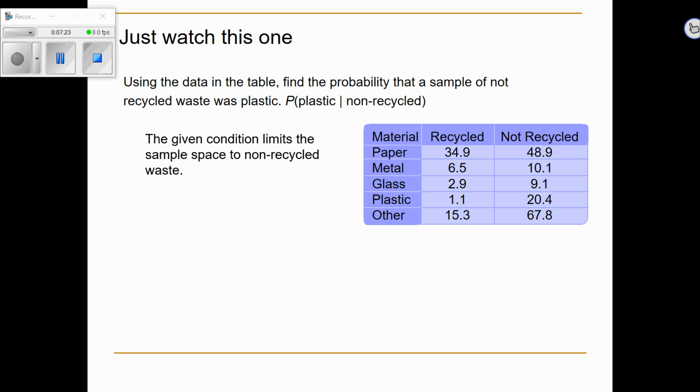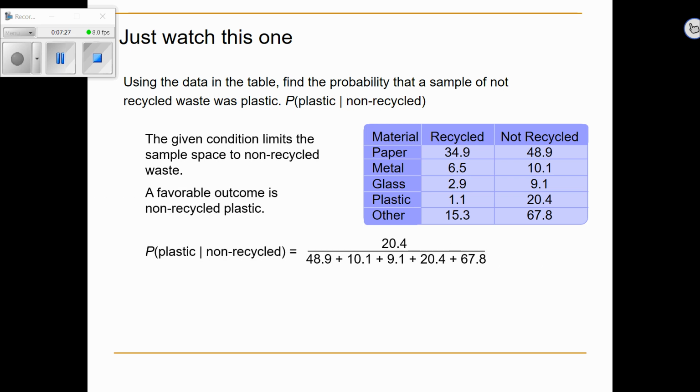So since the non-recycled is going to give us our sample space, we are going to add all those pieces up. Okay? So I add them all up, and then I'm told that I'm supposed to, within that group over here, be looking at just the plastic, which would be the 20.4 part, right? So I would end up with 20.4 over this entire column added together.